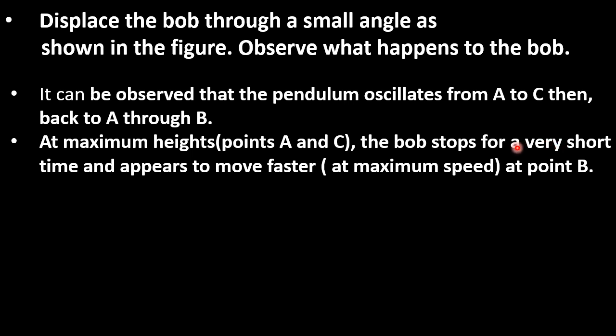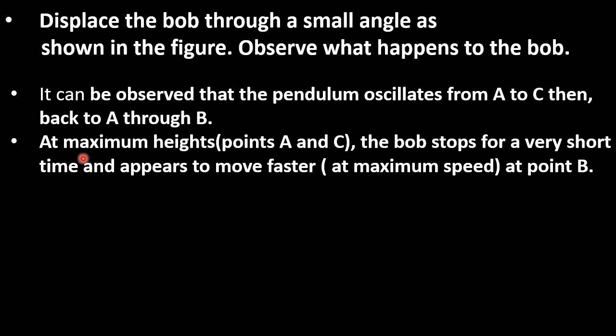It will stop momentarily, and appears to move very fast from A to B, at maximum speed at point B. They will ask you, at what point, A, B, or C, does the body have maximum speed? It has maximum speed as it is passing through point B.